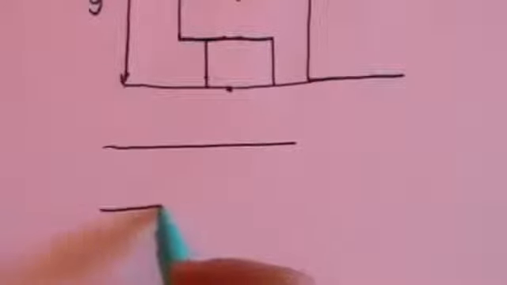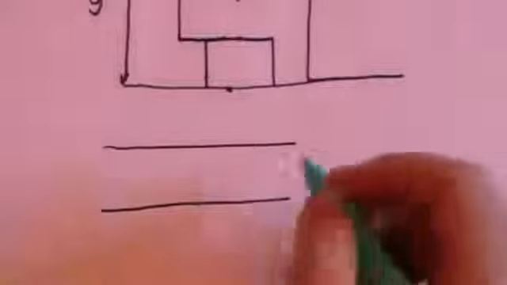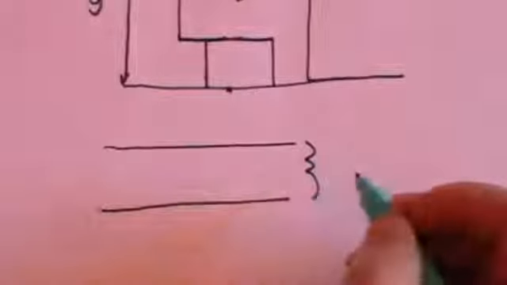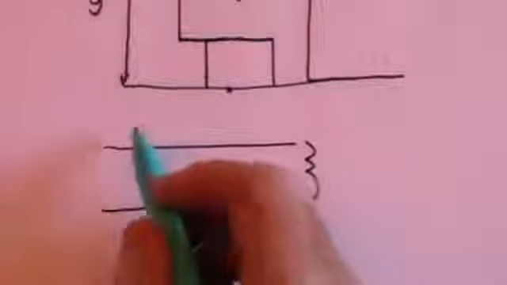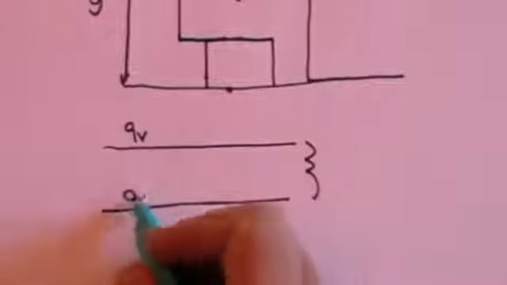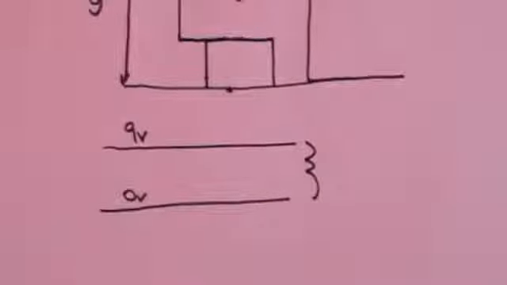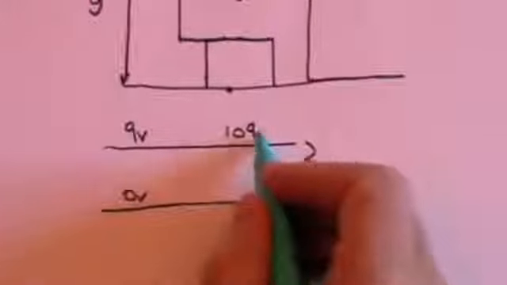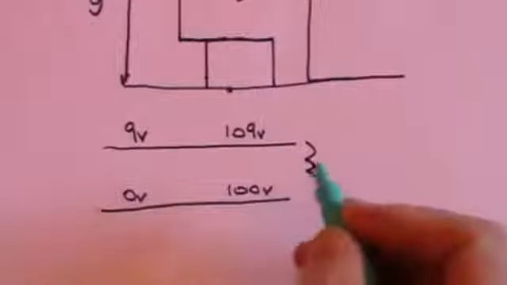You wouldn't know, unless I gave you 2 wires and asked you to measure the potential difference between the 2. And then it wouldn't frankly matter if one wire was at 9 volts and the other was at 0 volts, or one was at 109 volts and the other was at 100 volts. Either way, you're still going to measure a potential difference of 9 volts.